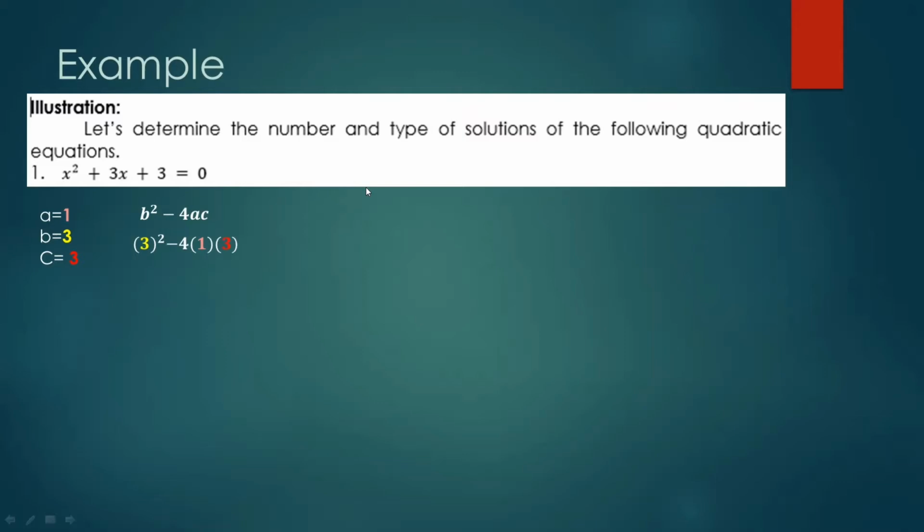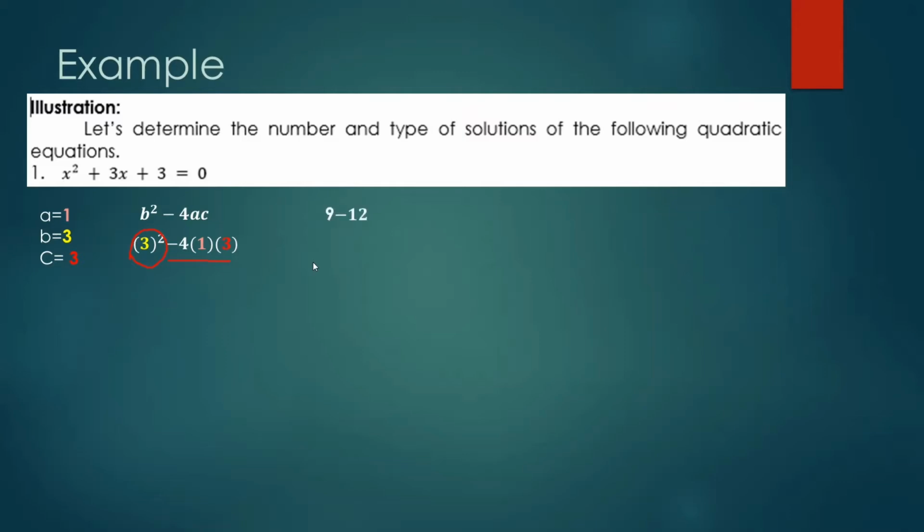And then after that, we need to simplify it. First, simplify the exponent. So 3 squared becomes 9. And then multiply negative 4 times 1 times 3, then it becomes negative 12. So therefore, it becomes 9 minus 12.